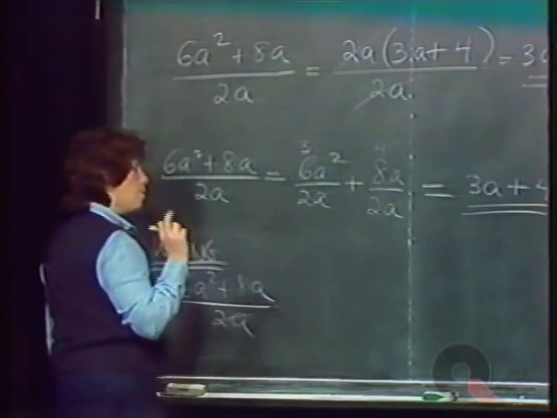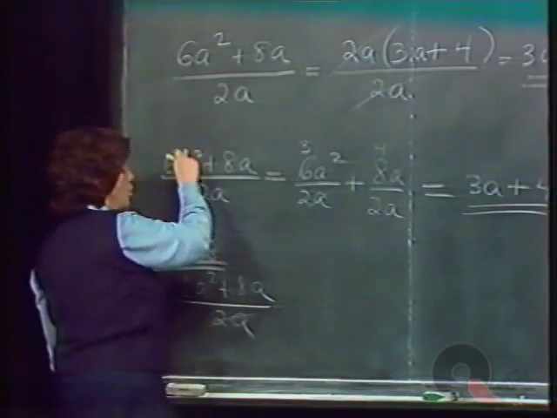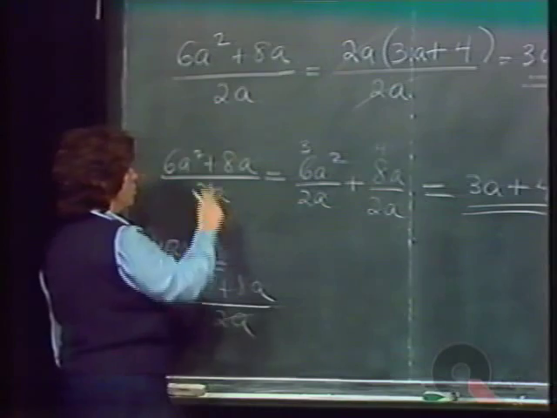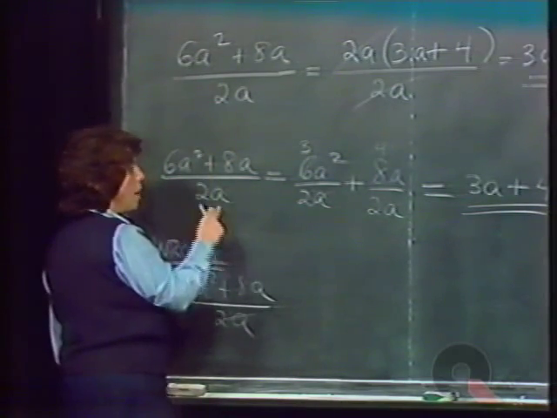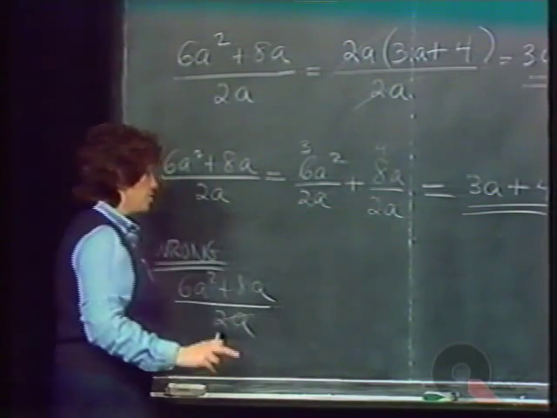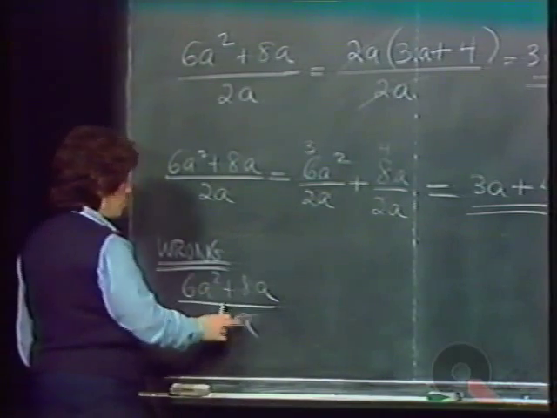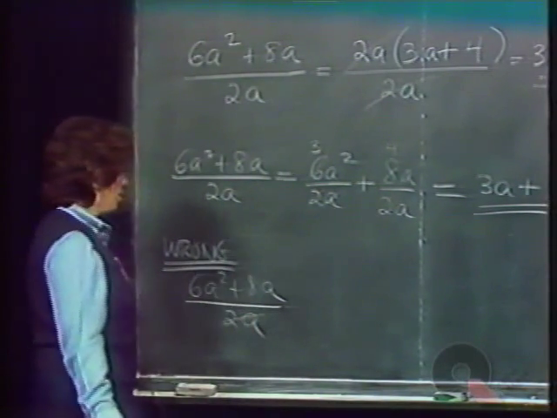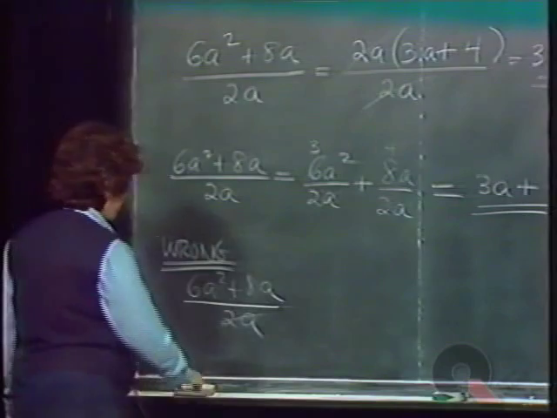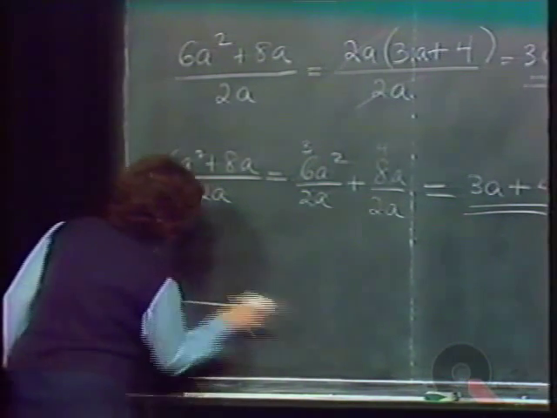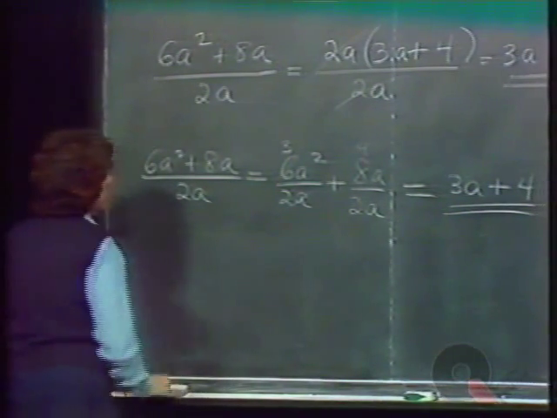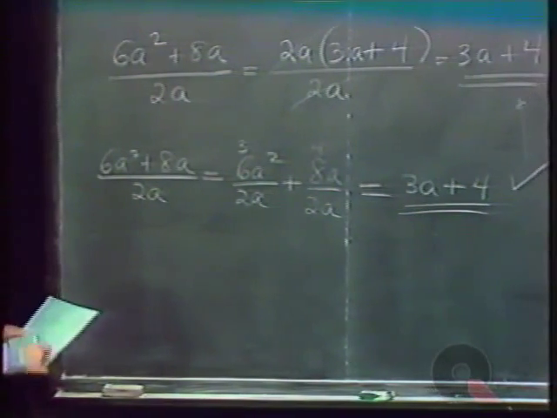Or if you want to break it up, fine, but put each term in the numerator over the same denominator. In other words, the 6a squared gets divided by the 2a, but so does the 8a. And the most common mistake is forgetting to divide each of the terms in the numerator by the 2a. So there are two acceptable ways of handling it.